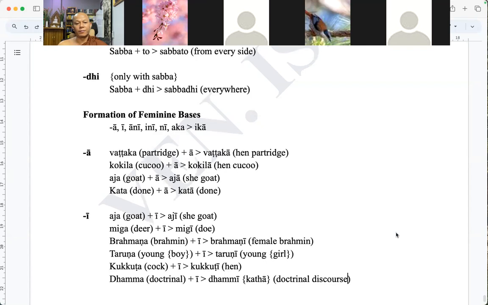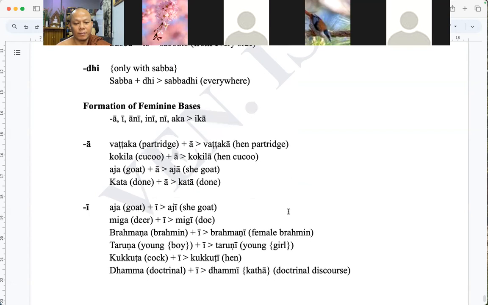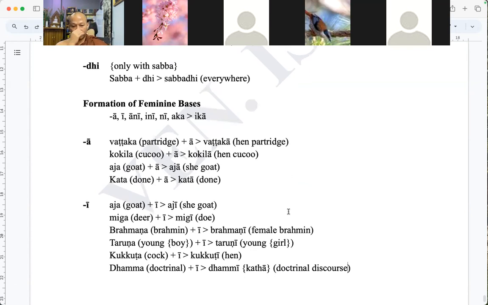Yes, Bante. The first one, Bante, is the last word, Dhamma. And we add a long E, it is Dhammi, in Dhammi Katha. Is it because Dhammi here is understood as the adjective and goes with Katha, a feminine noun, so it has to change into Dhammi? Yeah.